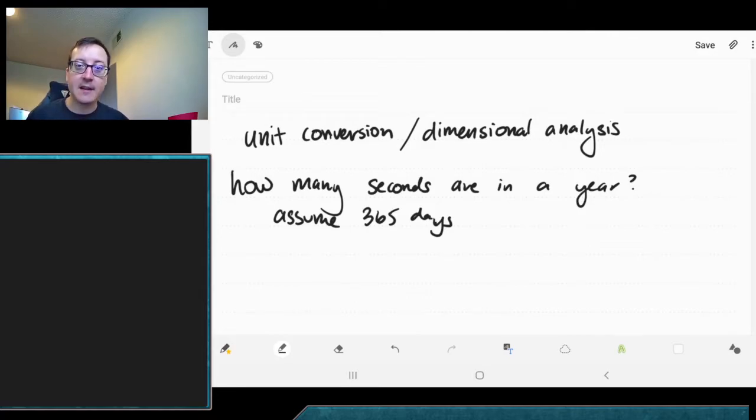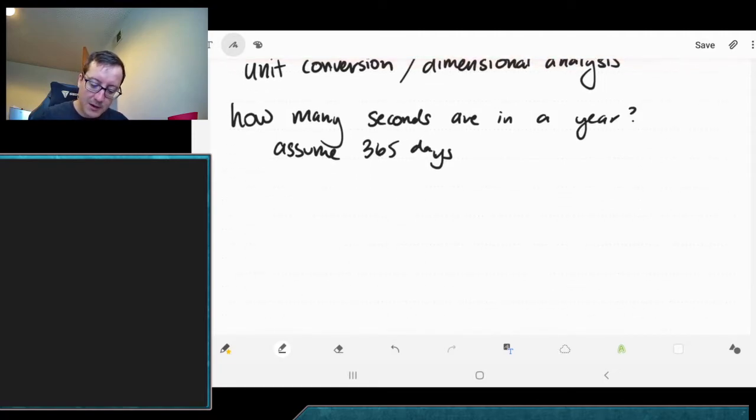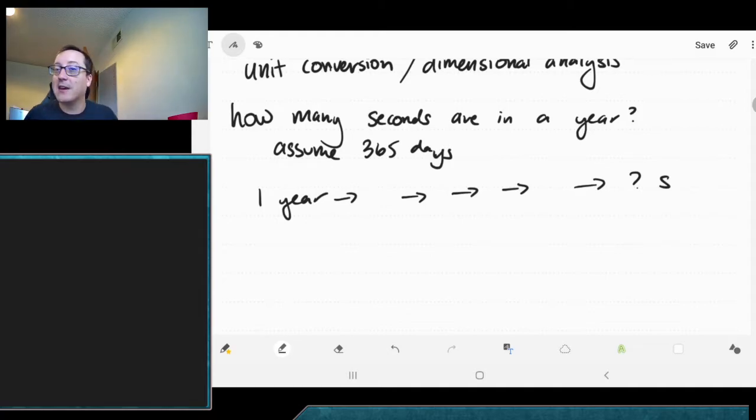You already know how to calculate it, or at least you'll have some idea. In your brain, you'll think, okay, we have 1 year that we're starting with, and we're going to do multiple things that will end up giving us seconds.